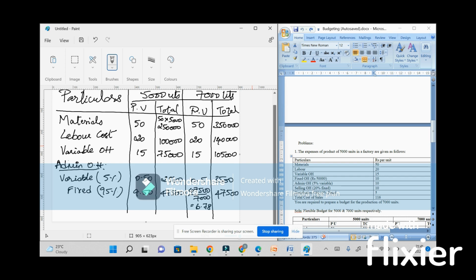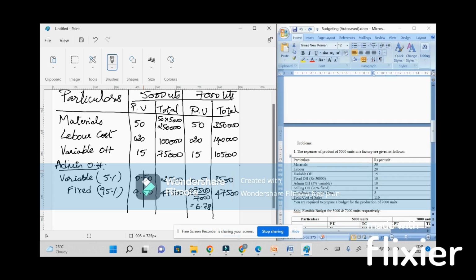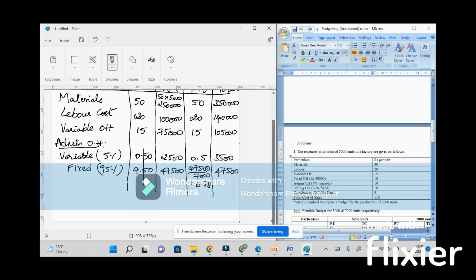The next one which has been given is selling expenses. In selling expenses, the per unit for 5,000 units production is being given at 10 rupees, wherein 20% is fixed.